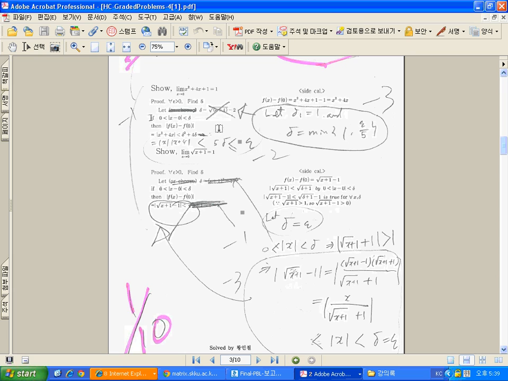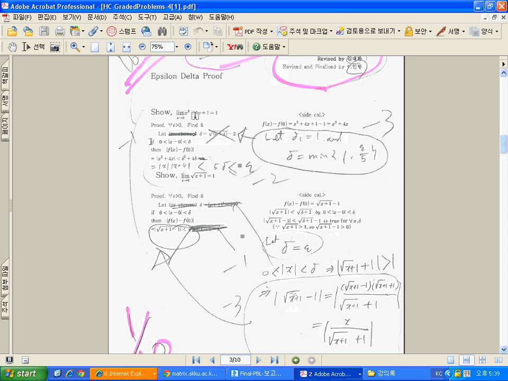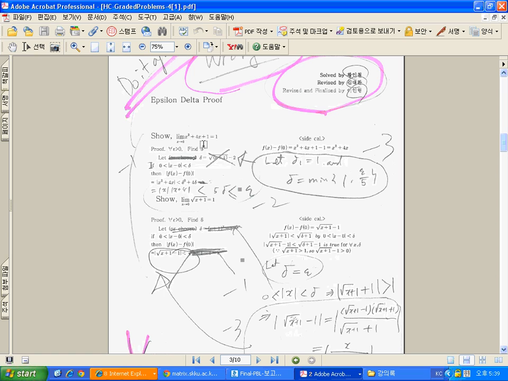And for such an example, usually when you have a linear equation like here, it's easy to find the delta from the given epsilon. But for quadratic functions or functions involving a root, you need some technical approach, because this delta should solely depend on epsilon, not on anything else.